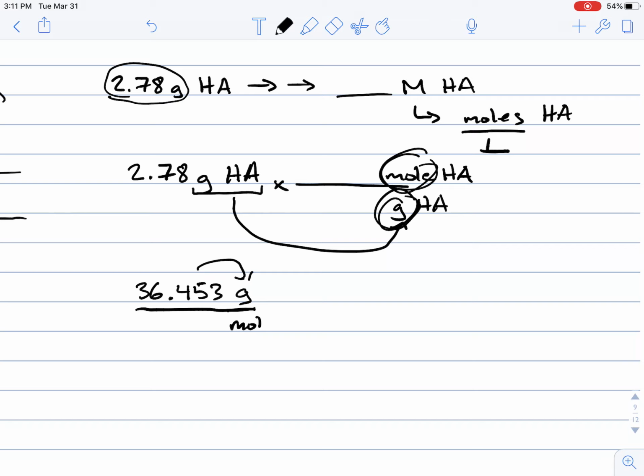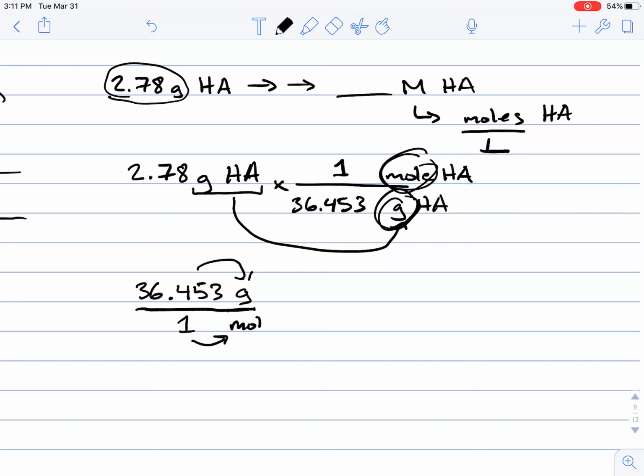And anything that's not shown in the denominator, you can always put a 1. So that's going to be 1 mole. And so when you're placing this conversion factor into your dimensional analysis, we're going to put 1 in the numerator because it's connected to moles. And then we're going to go ahead and place 36.453 in the denominator.